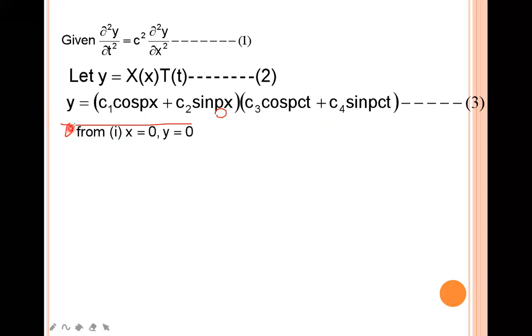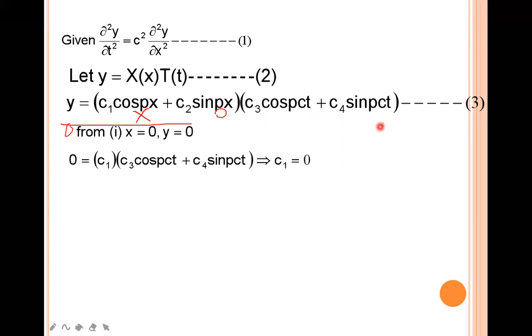This is the first condition, x equal to 0 and y equal to 0. From this we get c1 equal to 0. Put c1 equal to 0 in equation 3, so this total term is 0. Therefore we get y equal to c2 sin px into c3 cos pct plus c4 sin pct.